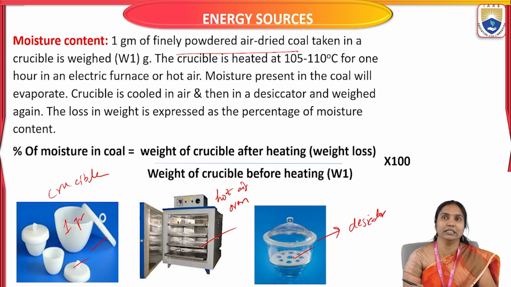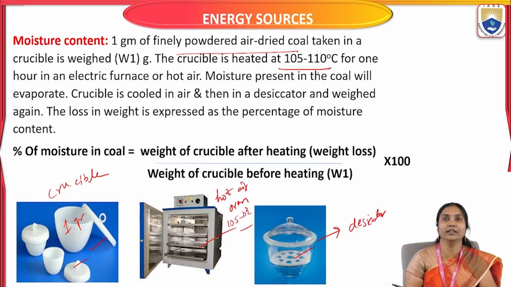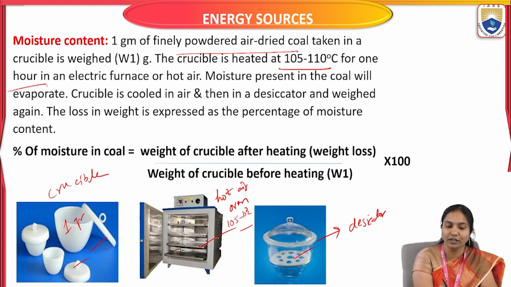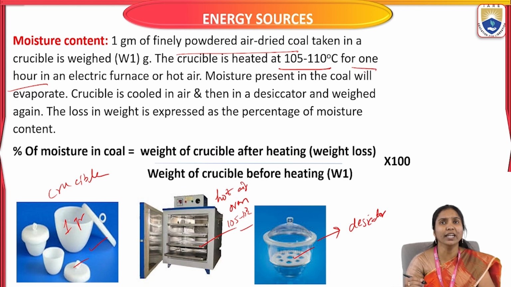The crucible is first weighed, then heated in the temperature range of 105 to 110 degrees centigrade for 1 hour in an electrical furnace or hot air oven.